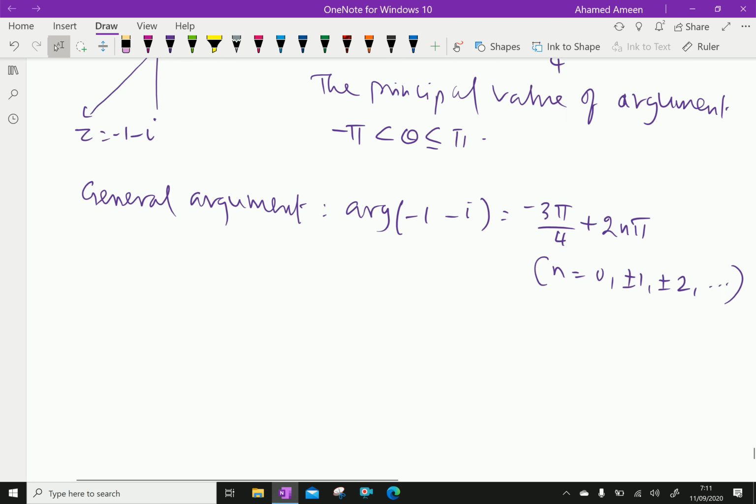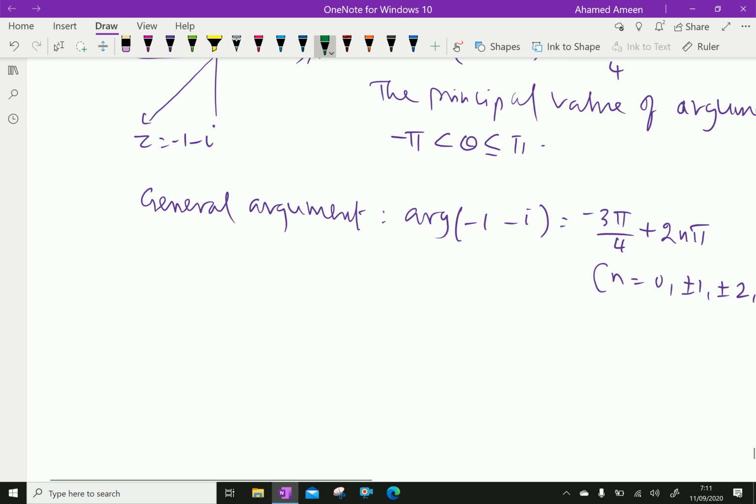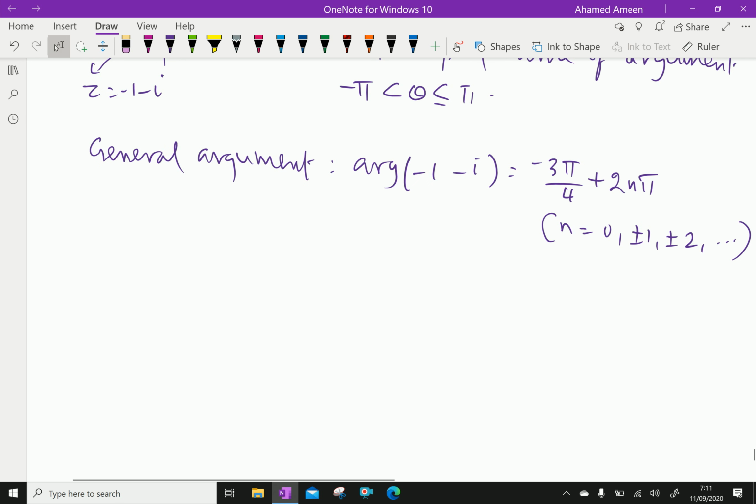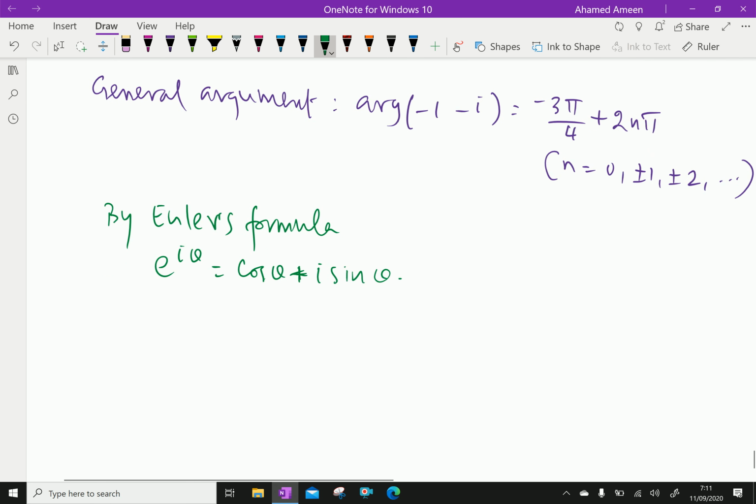By Euler's formula, e power i theta equals cos theta plus i sin theta.